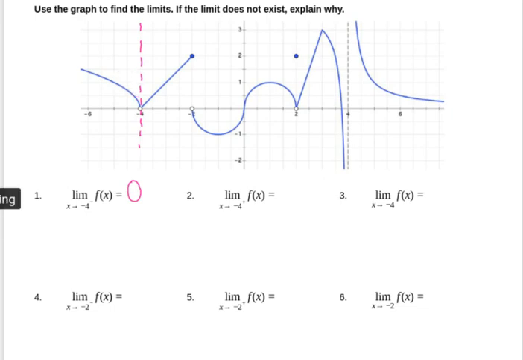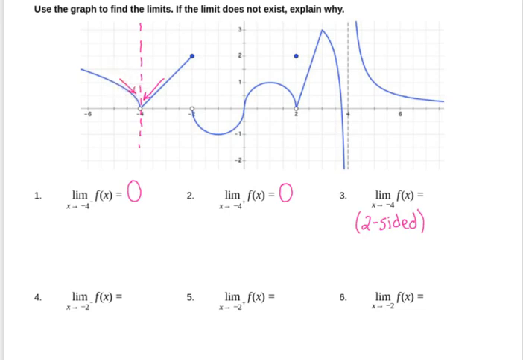Now we're looking at the limit of f of x as x approaches -4 from the right. So now we're going to be looking at this other side. So from the right of -4, what does it look like the function is approaching? It's approaching 0. Number 3, the limit of f of x as x approaches -4. Since there's no plus or minus here, we know that this is talking about our two-sided limit, which means we need to look at the left and at the right.